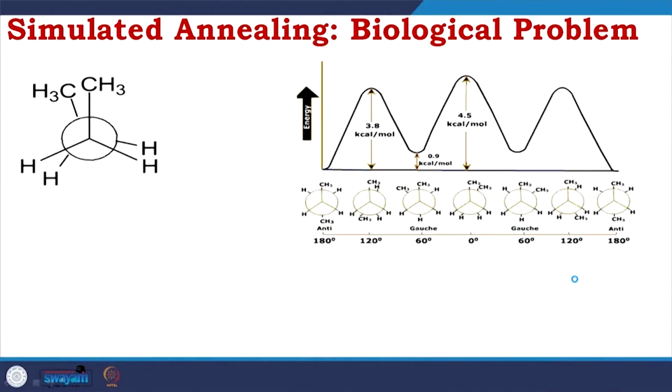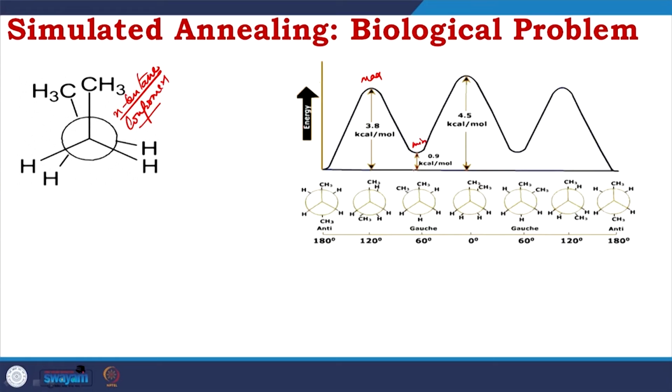This is what I talked about in protein. I do not use a model again, you already know the N-butane. When you move the conformers, you get different maxima and minima.